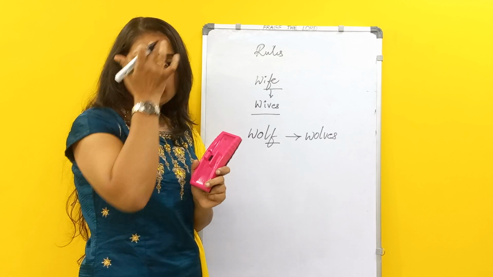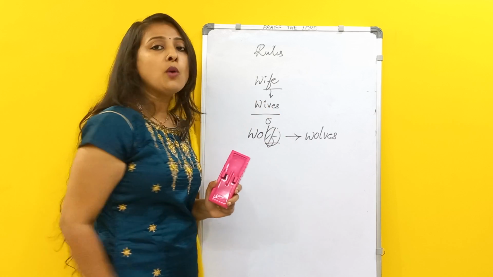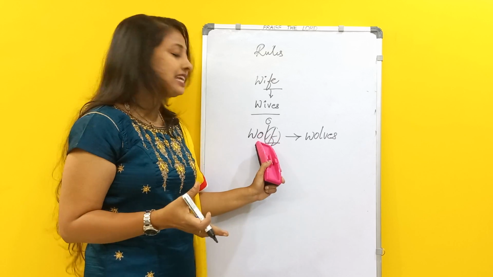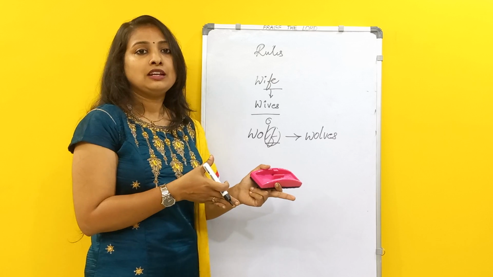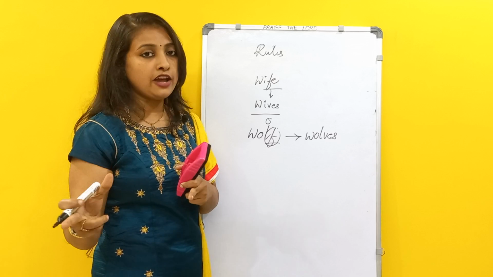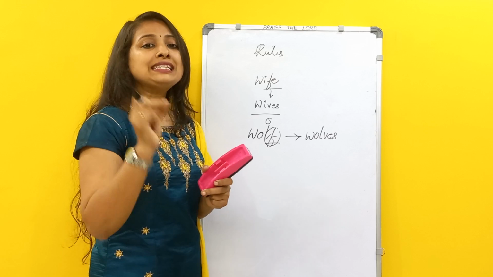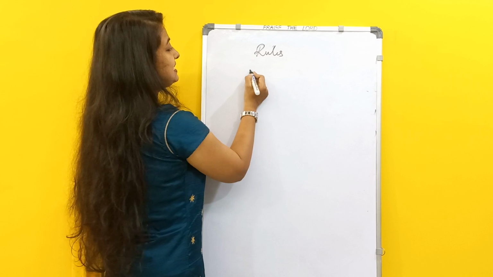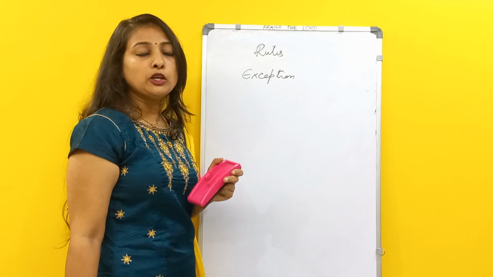There is an exception for this. Suppose this particular F is preceded by a vowel. That means if the noun is ending with F, and there is a vowel before it, you will simply add S. That is an exception. What is the exception in this particular rule?